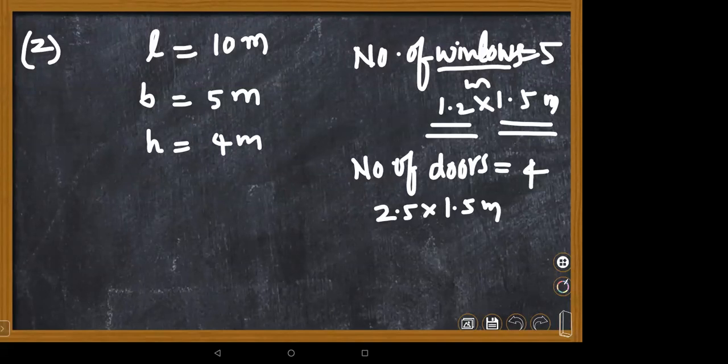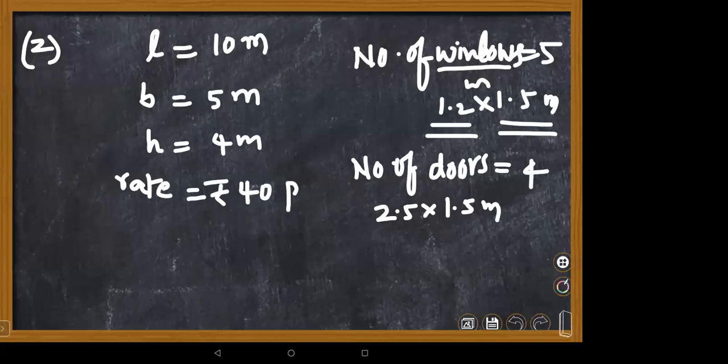Now, what will be the total cost of whitewashing the walls at the rate of rupees 40 per square meter? Whitewashing rate is rupees 40 per square meter.